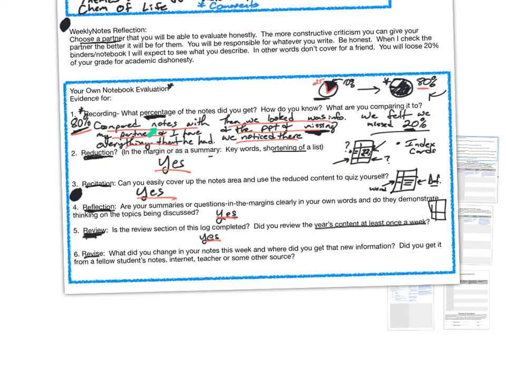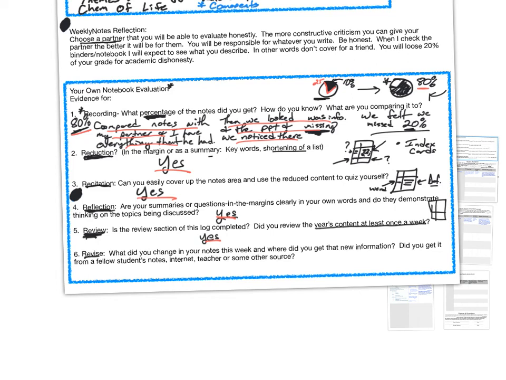But also, when you're looking for evidence of revision, where you've added stuff to the notes, it could be that you read something in the chapter reading that you want to add to the notes. It could be that you looked something up and you want to add it to your classroom notes.